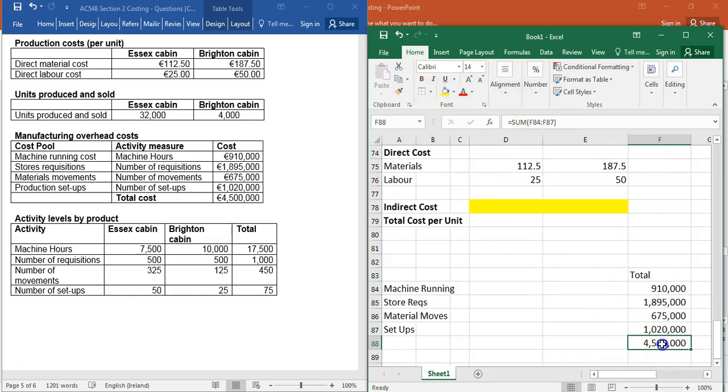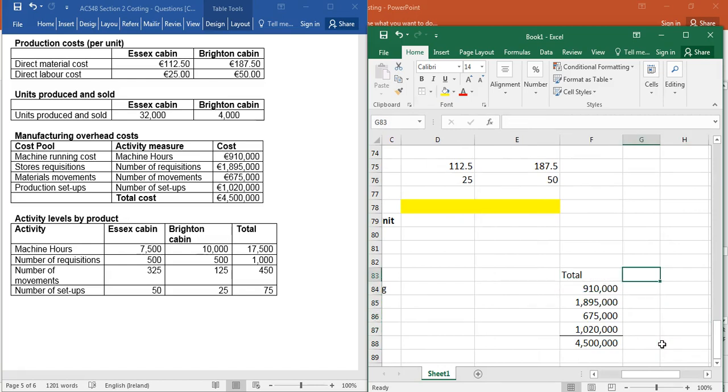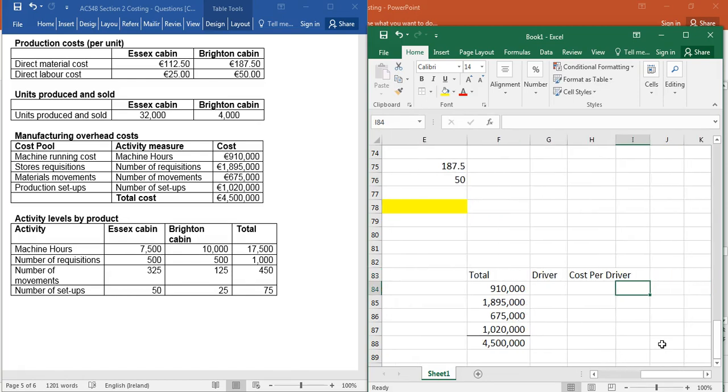We've just split it over 4 different cost pools now. And what we're interested in is what's the driver and what's the cost per driver. Now you can do this a shorter way, and that's fine. But the key thing to note is you may need to do it out like this for other purposes we're going to cover next week around activity-based management. So if you get the same answer, that's fine. Just bear in mind you may need to do these calculations for other requirements in the question.